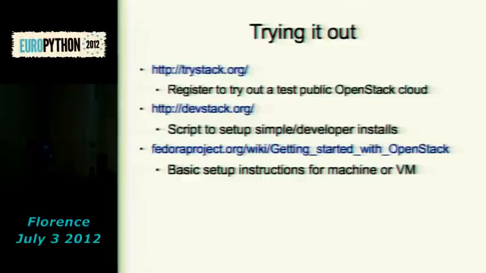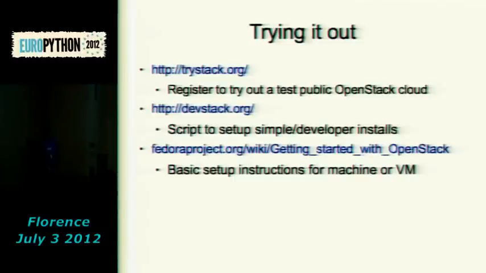Okay, so to try out OpenStack, you can go to trystack.org to register, and there's a cloud available there to try out instances of OpenStack. If you want to start developing it, there's devstack.org, which is basically a shell script to set it up. Or I would advise going through packaging to consume it, actually.